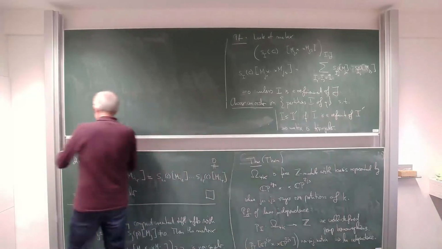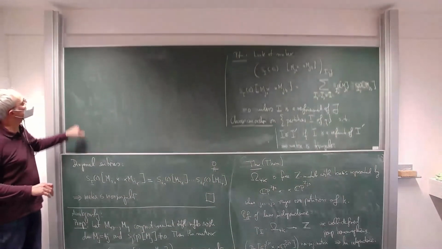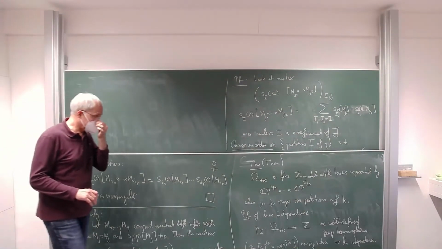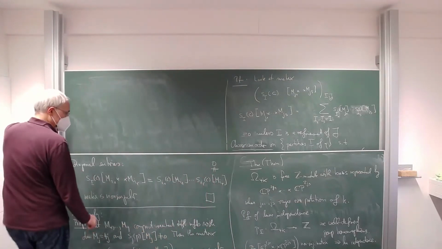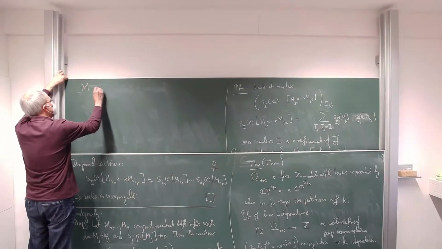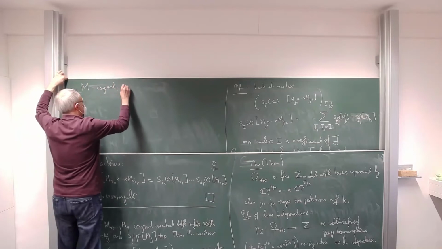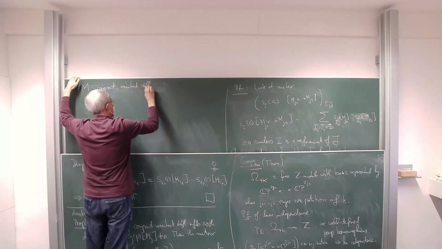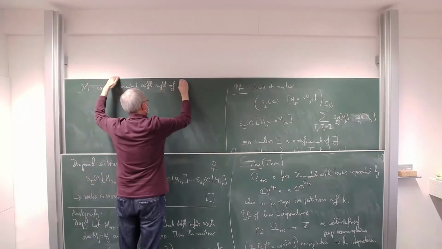So let me briefly recall what the Hirzebruch signature theorem is about. What's the signature? The signature of a quadratic form, and the quadratic form is defined by cohomology of the manifold. So we have a compact, oriented, differentiable manifold of dimension divisible by 4.